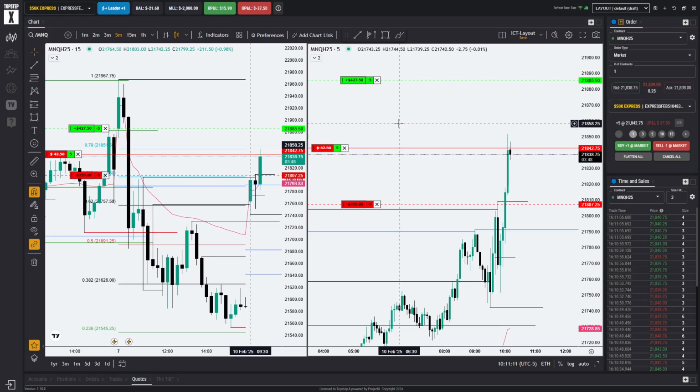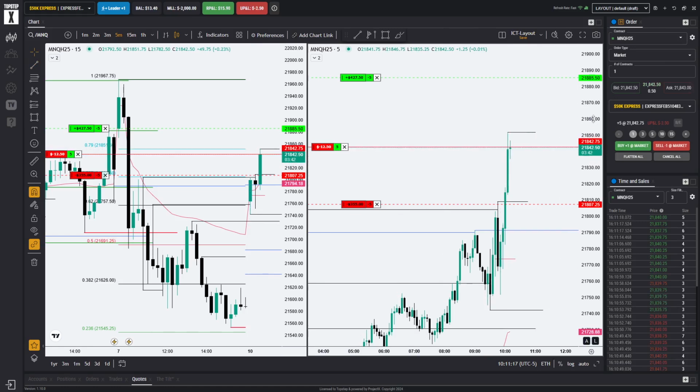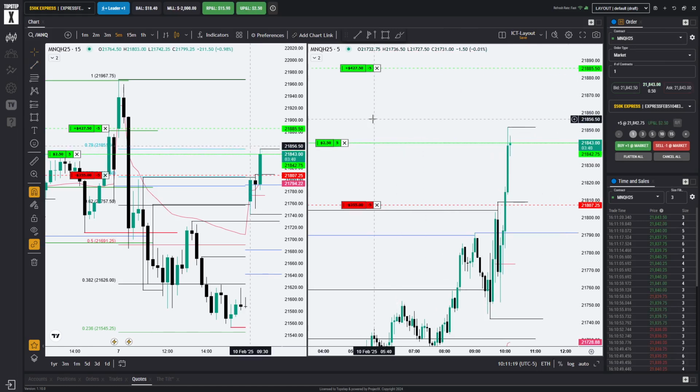Let's see, they're gonna squeeze for this 15-minute candle up here. So obviously, I mean, in 4 minutes it will be. It's kind of a continuation trade now.